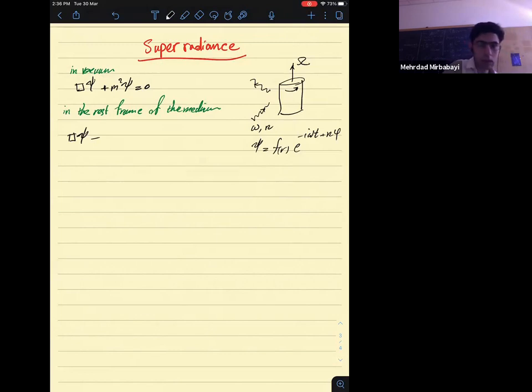How would it look like? There will be some dissipation coefficient A times psi dot, this d psi dt, plus m squared psi equal to 0. Okay, actually, to be consistent with my signature, I should flip some signs here.